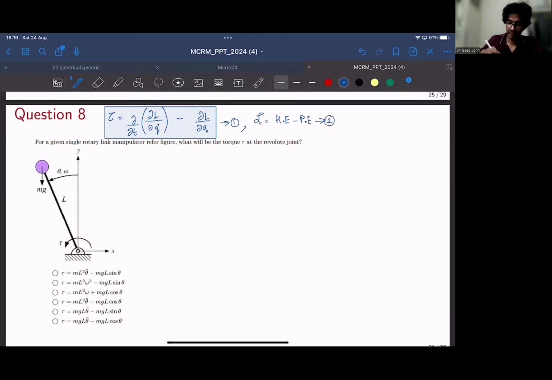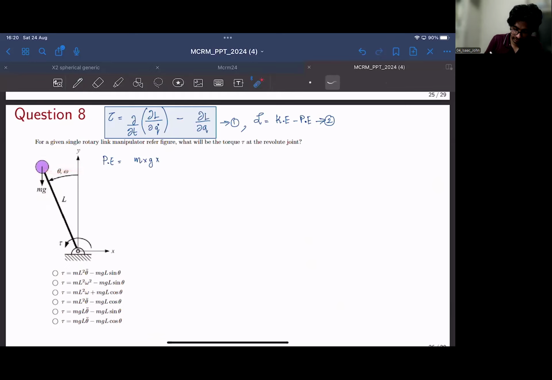So what is the potential energy of this link? The potential energy of a mass that is raised to a height is mg multiplied by the height. From the diagram, what would that height be? Potential energy is m multiplied by g multiplied by the height at which it is raised.